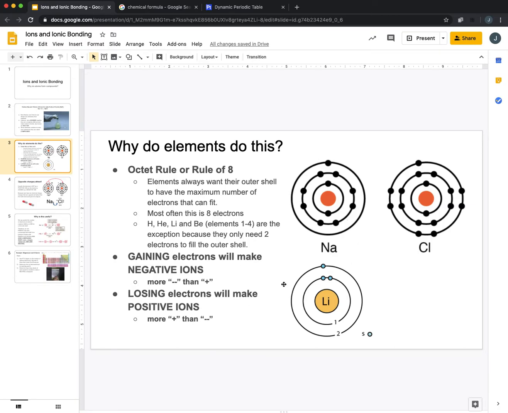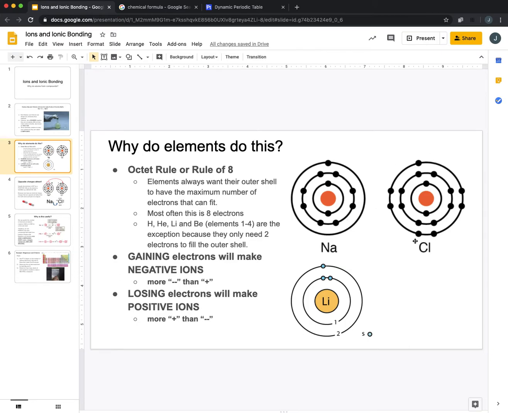So the way that elements do this, the way that sodium gets that full outer shell, is it is going to lose this electron. By losing that electron, you can see that if we get rid of it, and we get rid of this ring altogether, then the next shell is fat and happy.